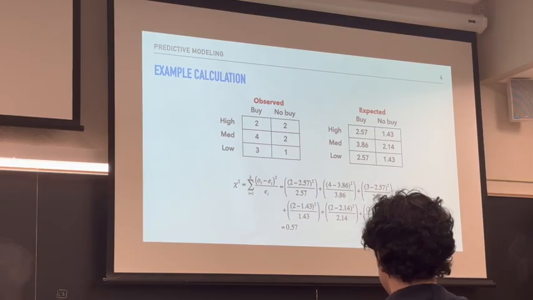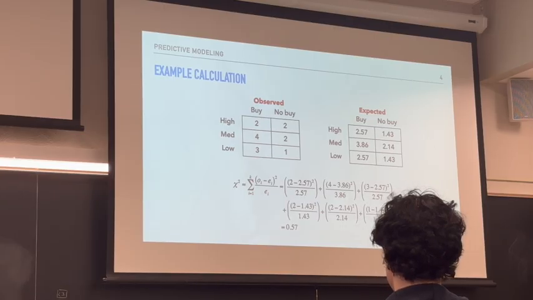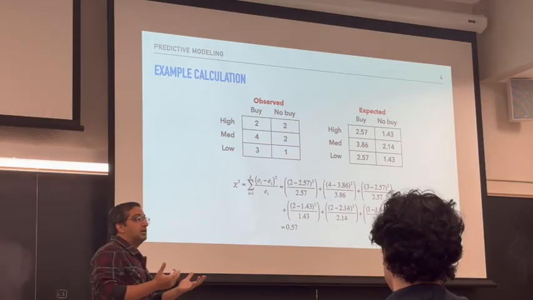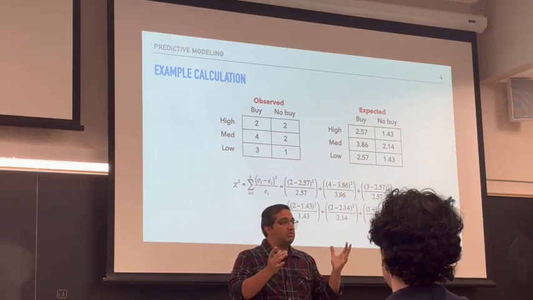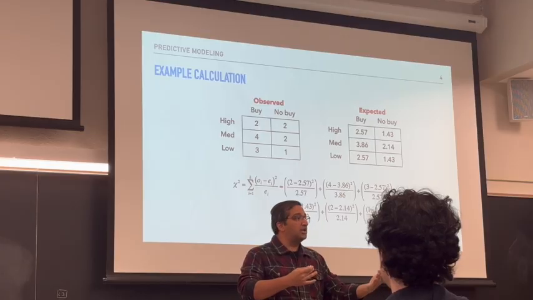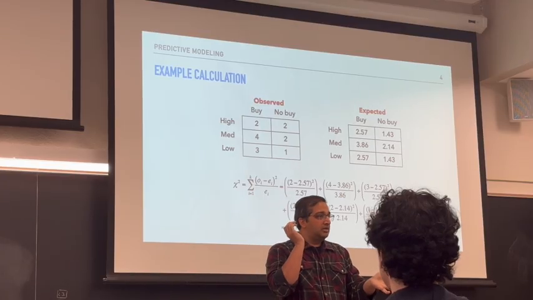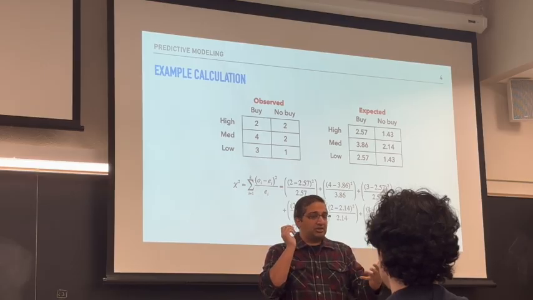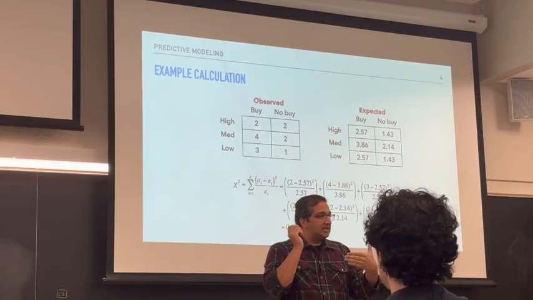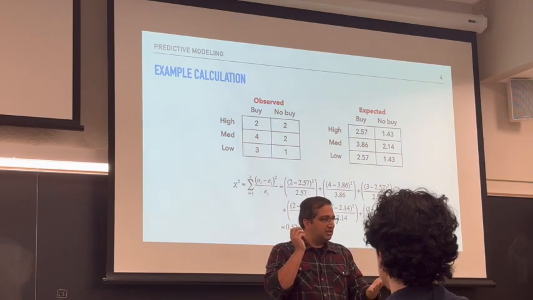The higher it is, the more unlikely it is. Right. That means the discrepancy between the expected value and the actual value is bigger. That means my null hypothesis of independence is likely to be wrong, which means I should reject.